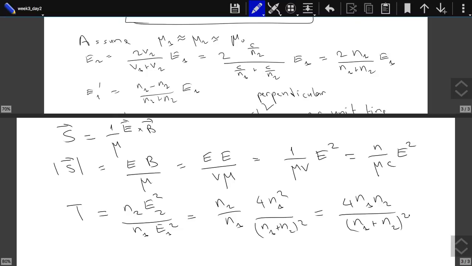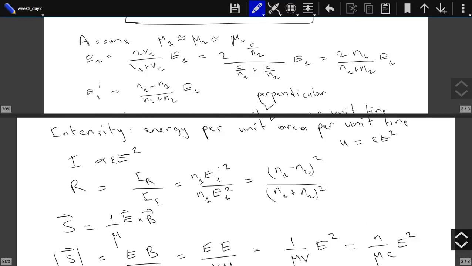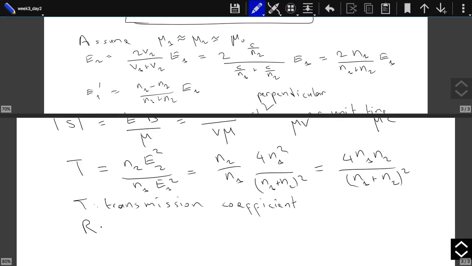This is called the transmission coefficient. It measures how much of the energy you send to your surface is transmitted to the other side. And R is called the reflection coefficient. This measures how much of the energy you send to your surface is reflected back.